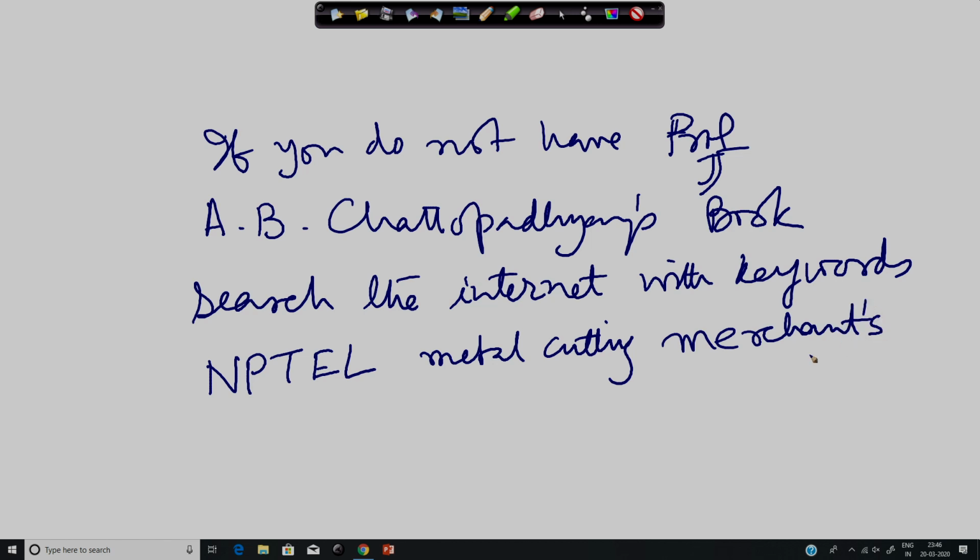Try out different keywords and then give PDF. This will most probably give you what you are searching for.